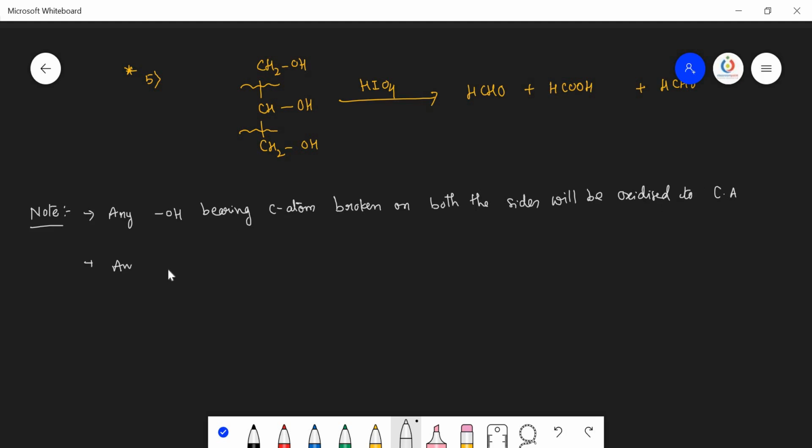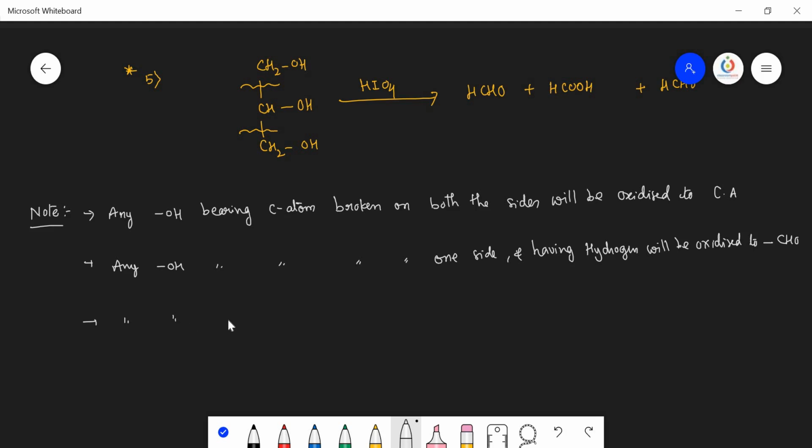Second point, any OH-bearing carbon atom broken on one side and having hydrogen will be oxidized to aldehyde.